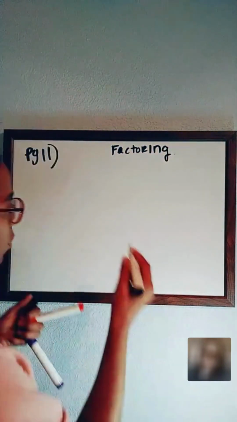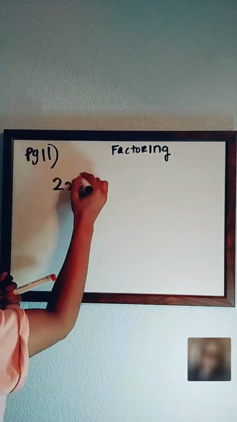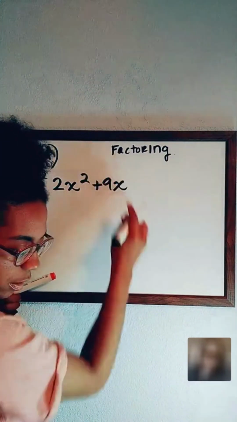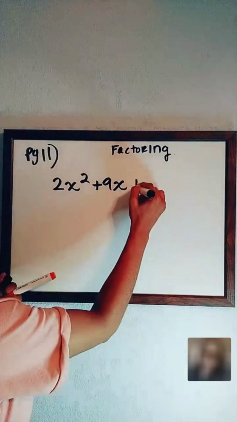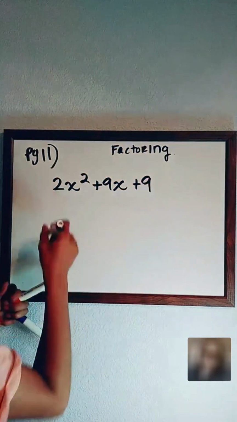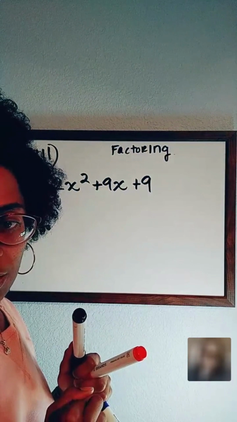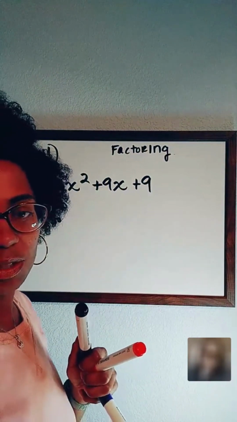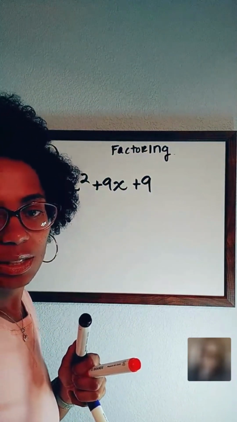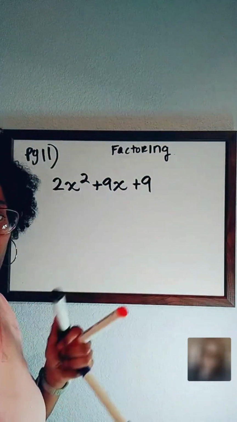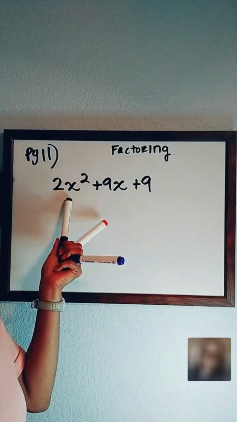Okay, so this one has, remember, whenever there's a number in the front, this one is a little different because do you notice what's different? The rest of them, 6, 2. Oh, good. Right, the 2x squared.